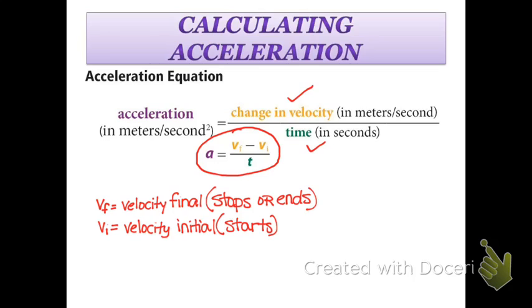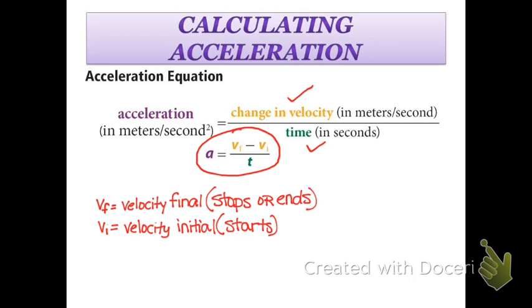So you always take the stopping value minus the starting value. So notice, if you think about it a little bit, you could get a negative acceleration. And that's okay. That means that the object you're talking about is actually slowing down.